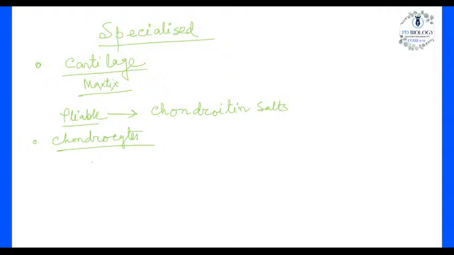Most of the cartilage in vertebrate embryos is replaced by bones in adults. So the cartilage present in the embryo is replaced by bones in adults.